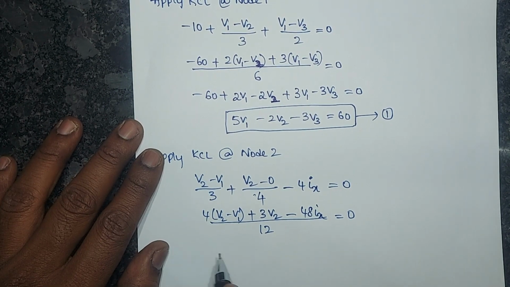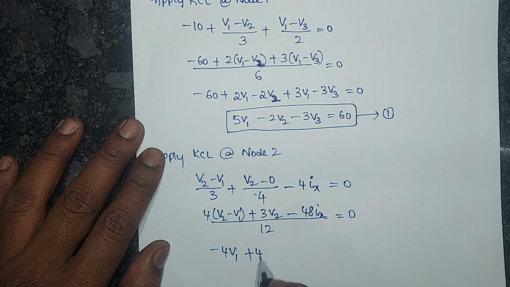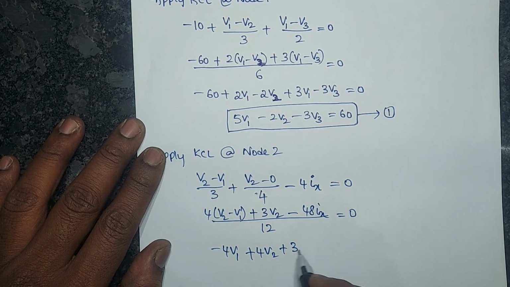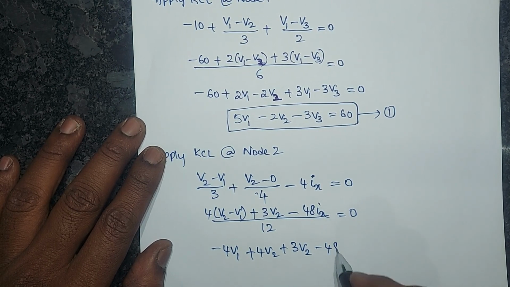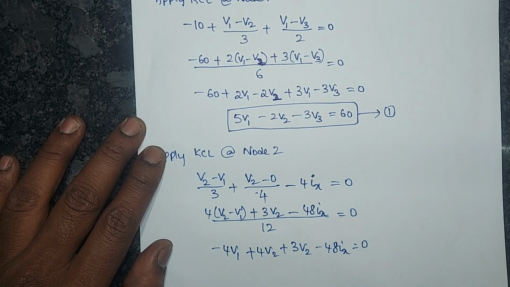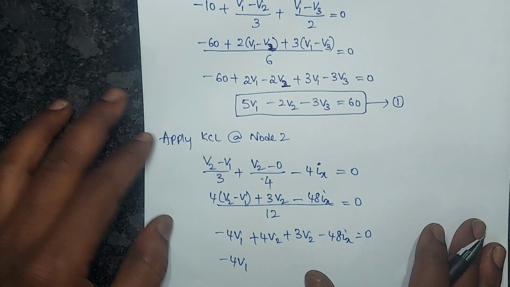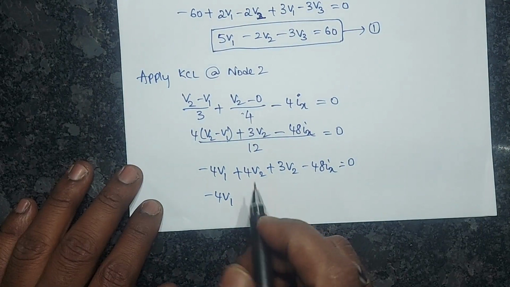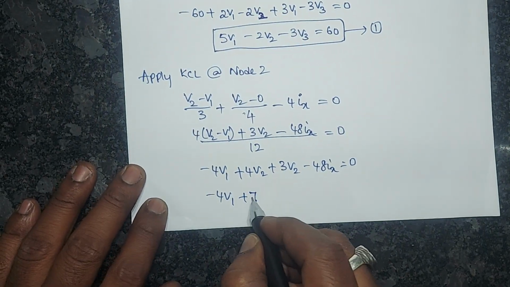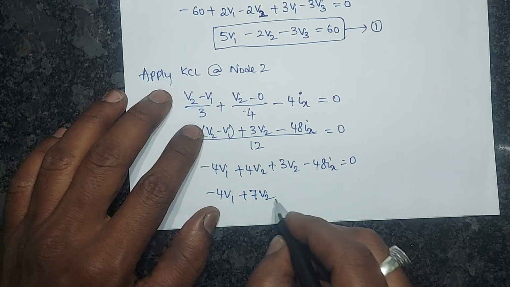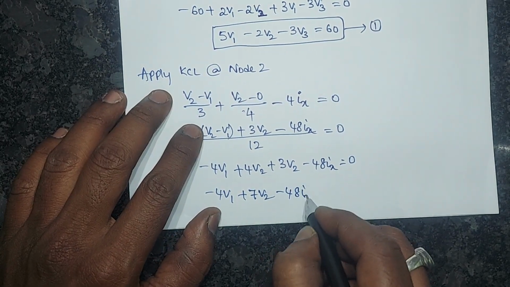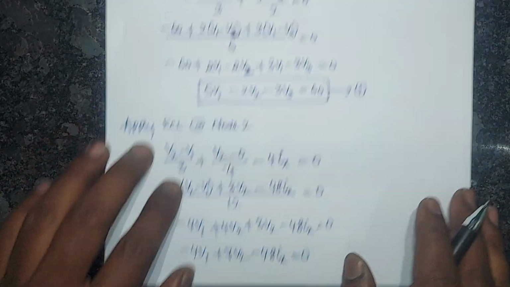Now by simplifying this, you get minus 4V1 plus 4V2 plus 3V2 minus 48ix equal to 0. So now here minus 4v1 and here plus 7v2 minus 48ix equal to 0.